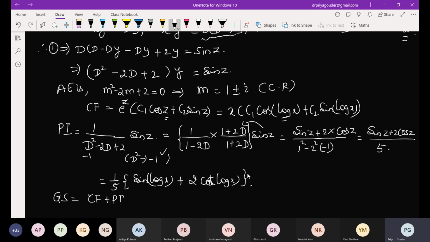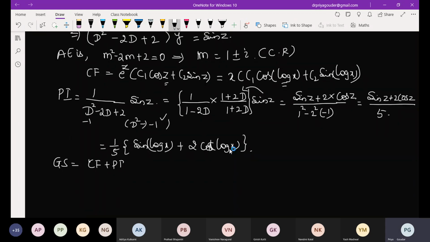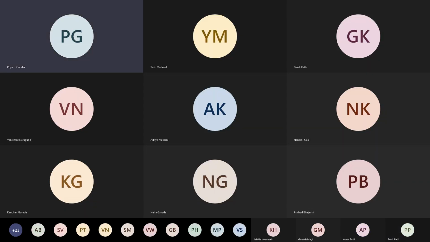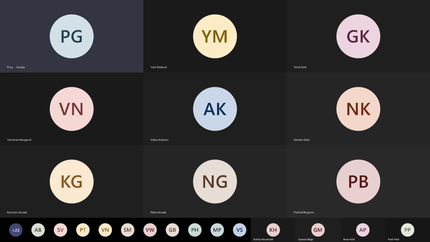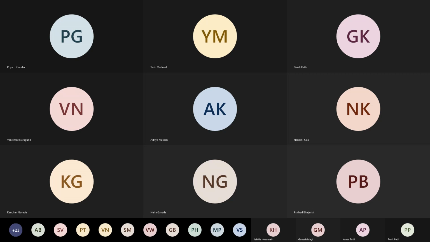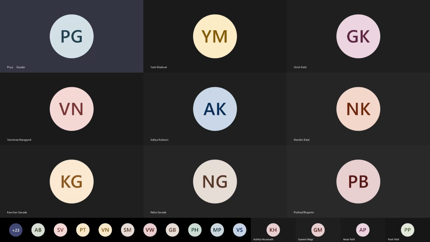Do substitute and write down that last step.